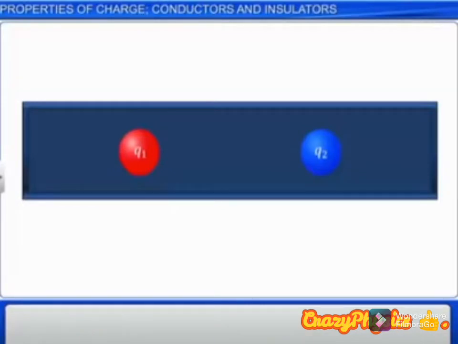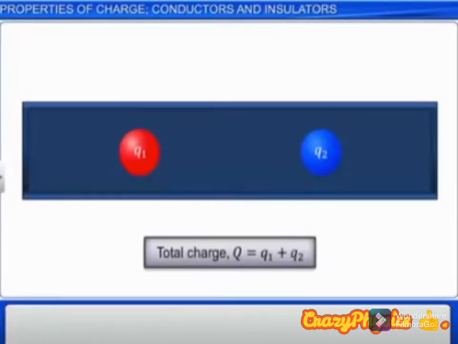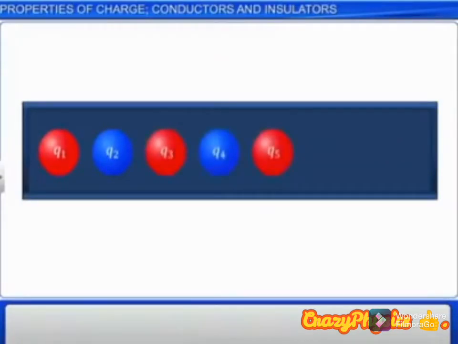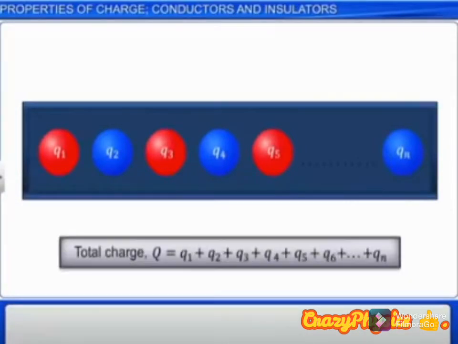That is, total charge Q is equal to Q1 plus Q2. Similarly, if a body carries n number of charges, Q1, Q2, and so on up to Qn, then the total charge on the body Q is equal to Q1 plus Q2 plus Q3 and so on till Qn.